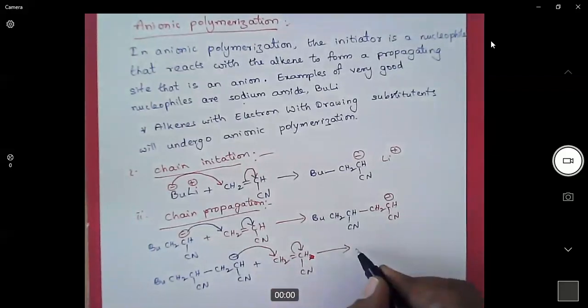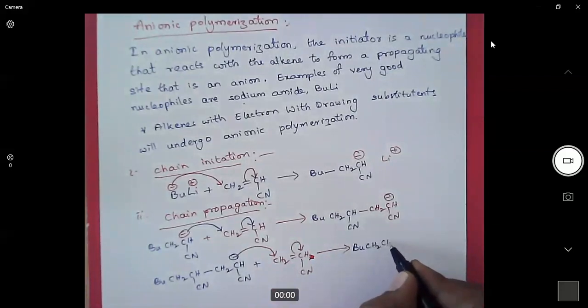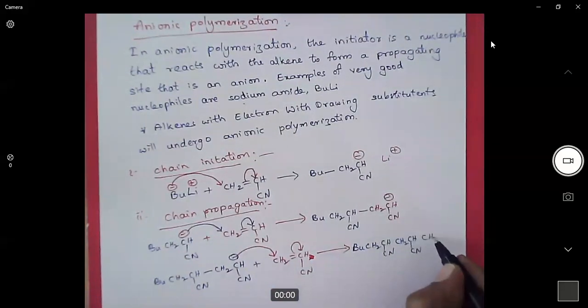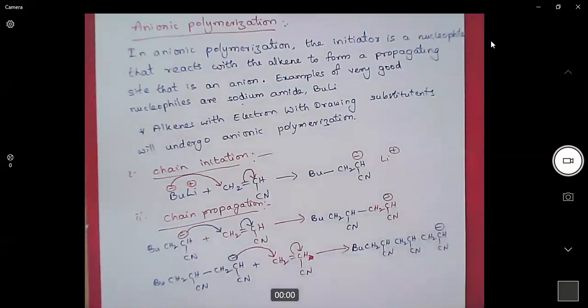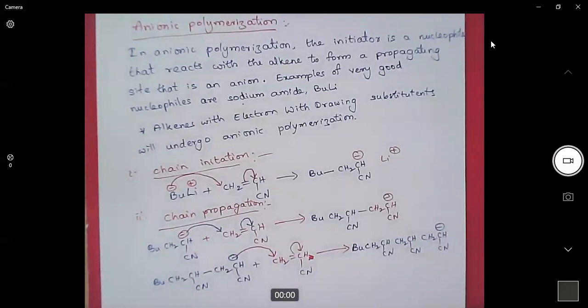You write one more step. So these propagating steps will occur again and again, so that the polymer chain will increase in each and every step.